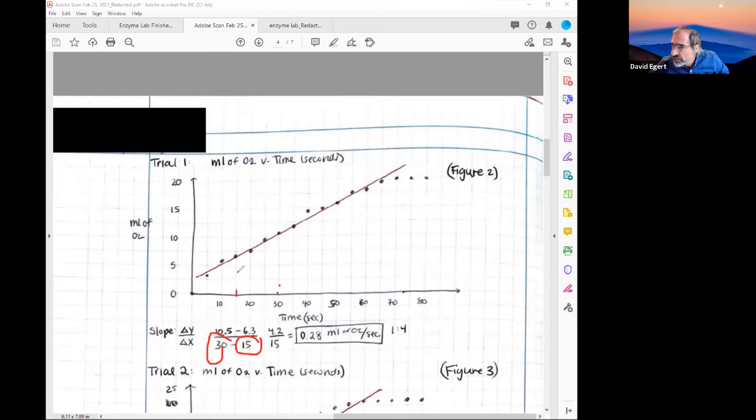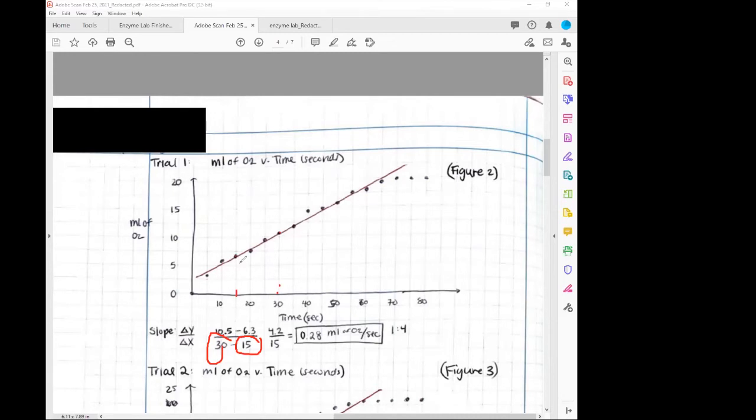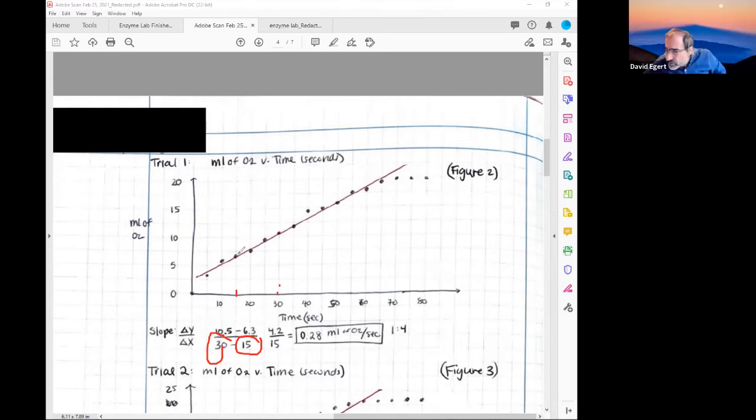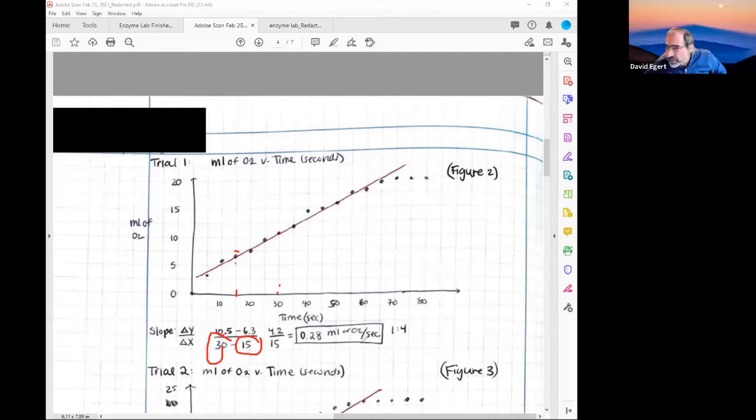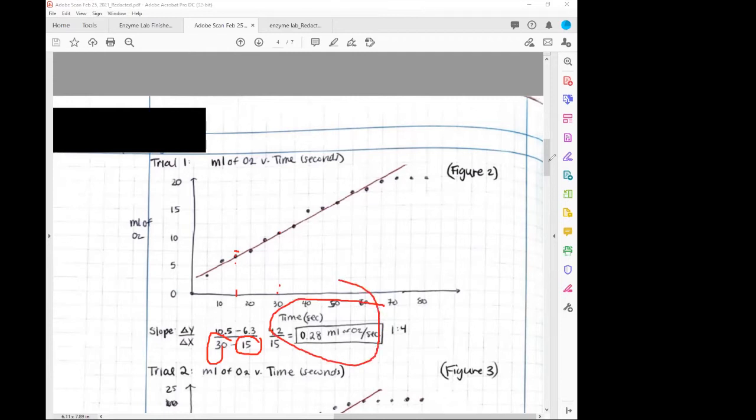I go to 15. Oh, no, this is 7.5 here. So it gets a little tricky, but that's okay. All right, so then they calculate this, they get their number.